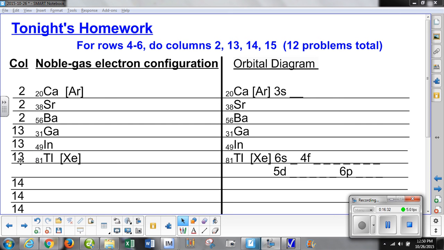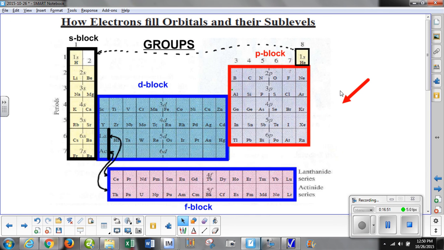I went down to this guy, tellurium, because he's in column 13 on the 6th row, and if you look at him on the periodic chart, let's go back to the periodic chart.